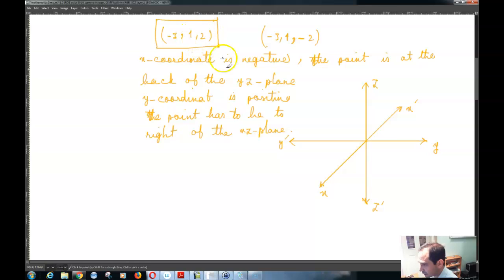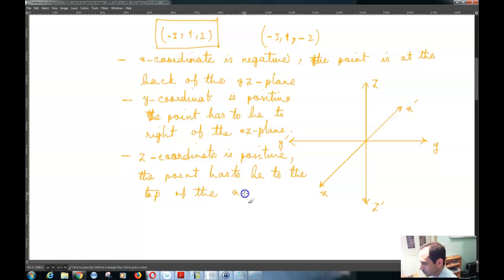And since your z coordinate is positive, the point has to be to the top of the XY plane.